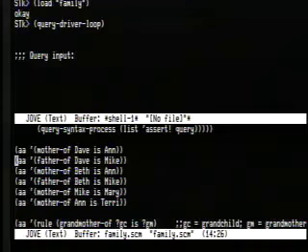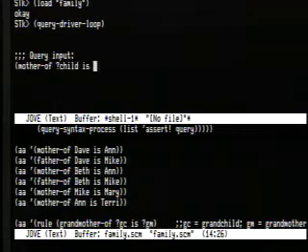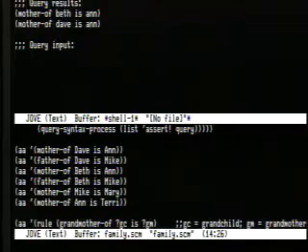So now I can ask questions like, mother of question mark child is Ann. And I get Beth and Dave. By the way, queries can have more than one variable.